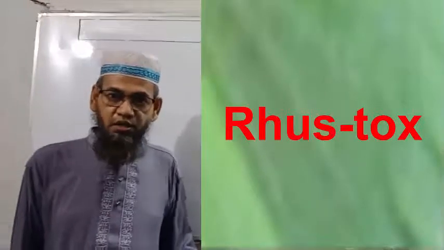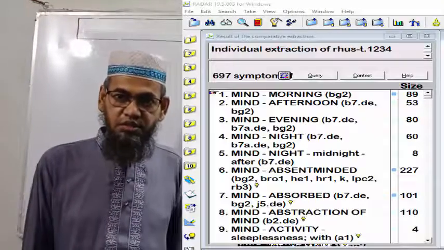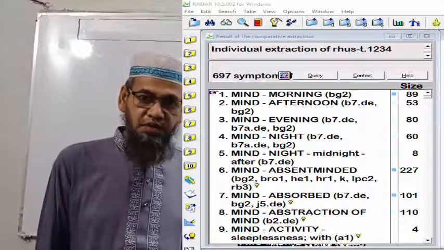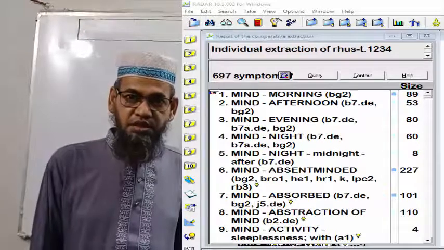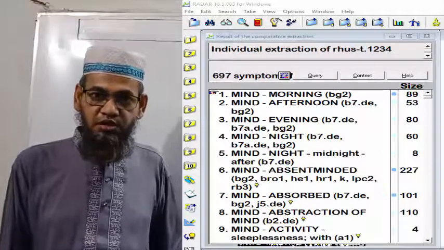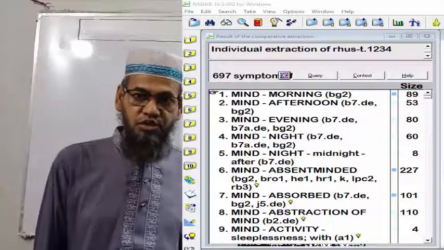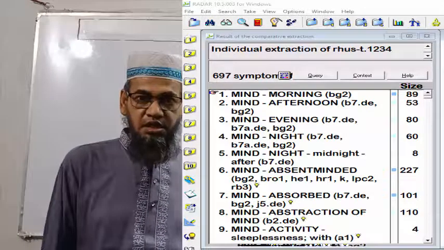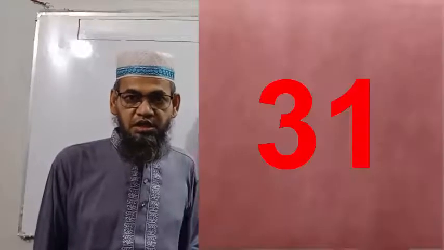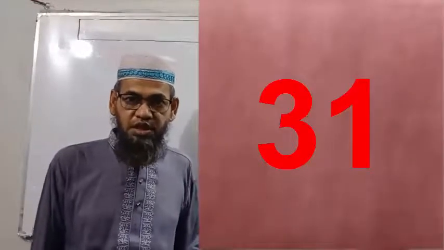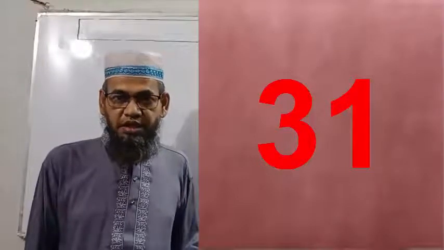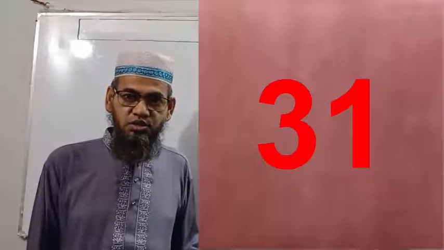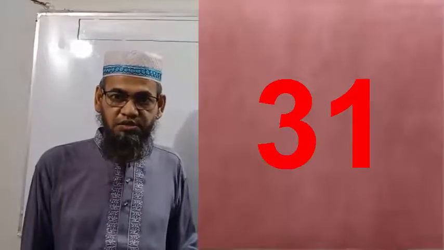Number 1, write all the rubrics of this medicine in one place, because these are the guides of the medicine. There is no medicine without them. For example, Rhus-t has approximately 697 rubrics. Rhus-t has about 31 rubrics as single rubrics. We write these together so that we can study these rubrics four times repeatedly.